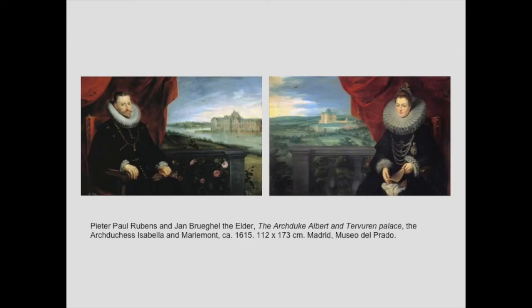And these are the illustrious highnesses, the Archduke and Archduchess Albert and Isabella, who reigned in the southern Netherlands from 1598 to 1621.